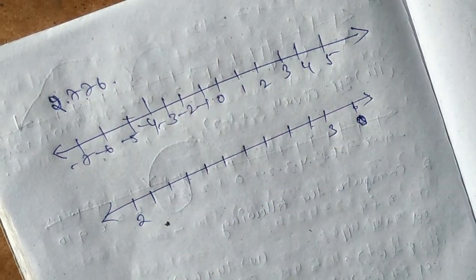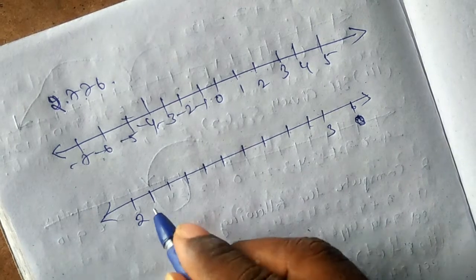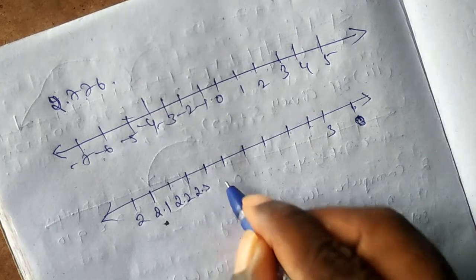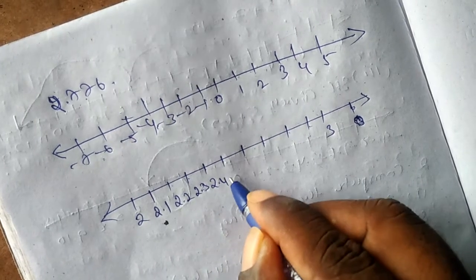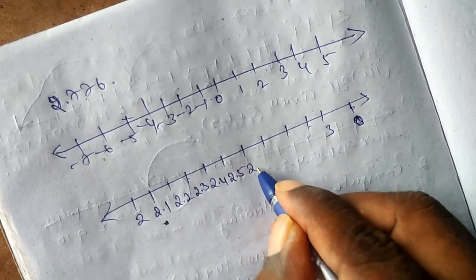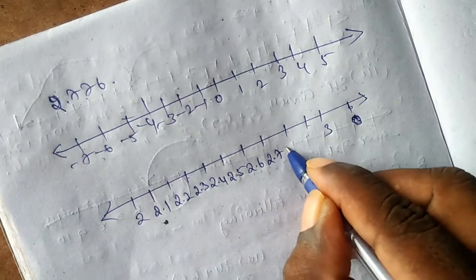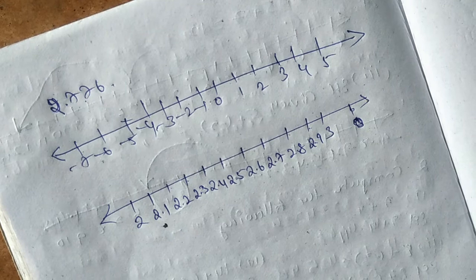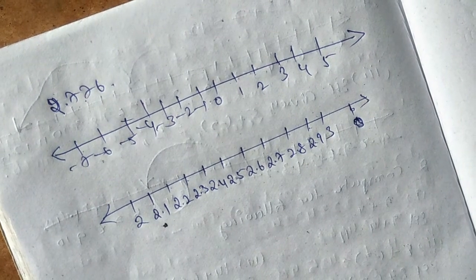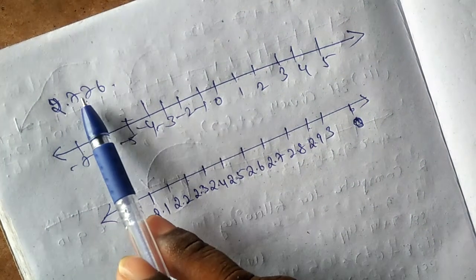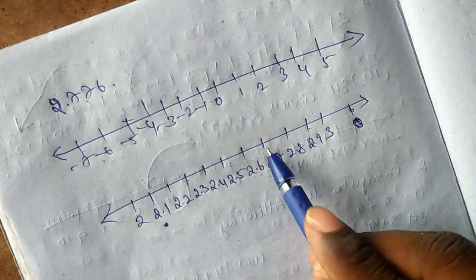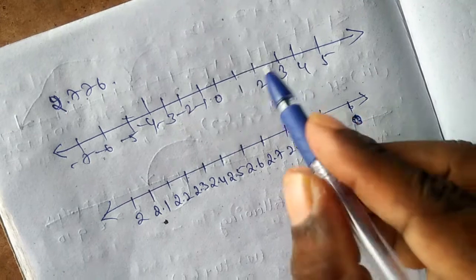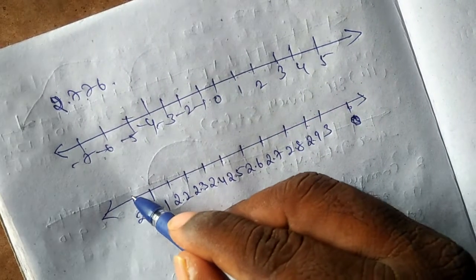I divide the portion between 2 and 3 into 10 equal parts: 2.1, 2.2, 2.3, 2.4, 2.5, 2.6, 2.7, 2.8, 2.9, then 3. Where is 2.7? This is 2.7, and next is 2.8. So this portion is magnified here.